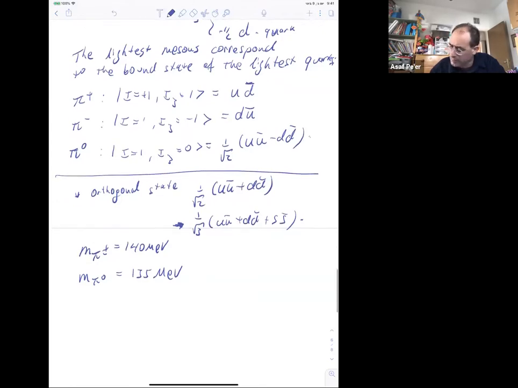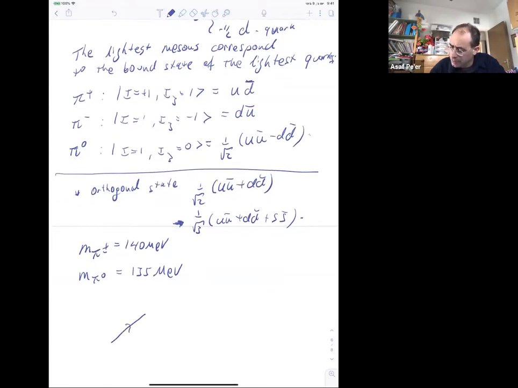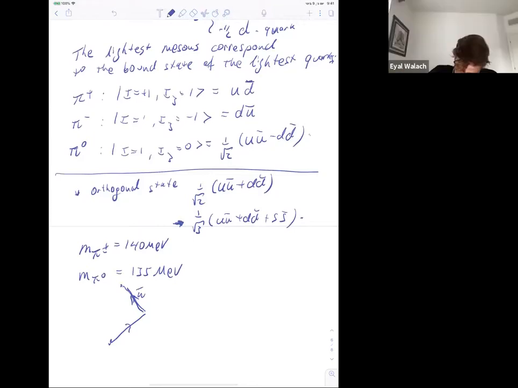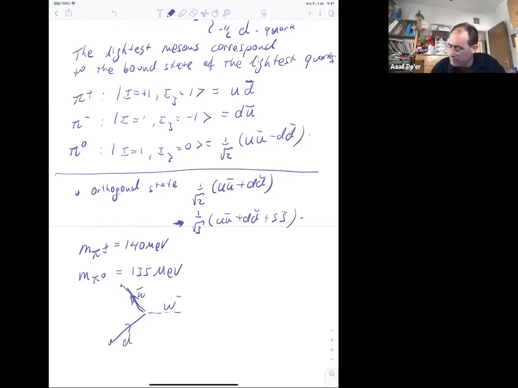So we have a down quark and an anti-up quark. So it's anti, so it has the opposite sign. Up, anti, and down. They exchange the W, and then they would decay into a lepton and an anti-neutrino lepton. So L minus can be either electron or muon.